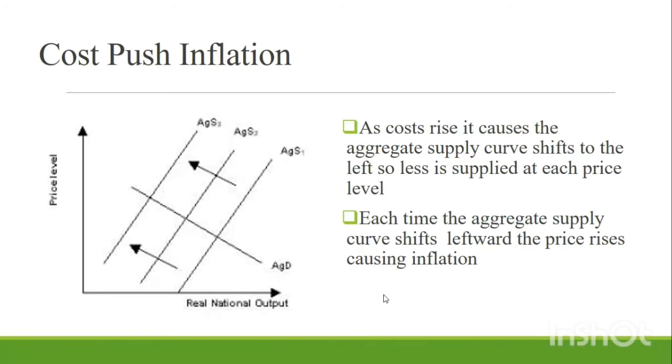As cost of production increases, it causes the aggregate supply curve to shift inward, or you can say leftward, so less is supplied at each price level. And each time the aggregate supply curve shifts leftward, the price starts rising, which results in inflation, which is the increase in the price level of goods and services.